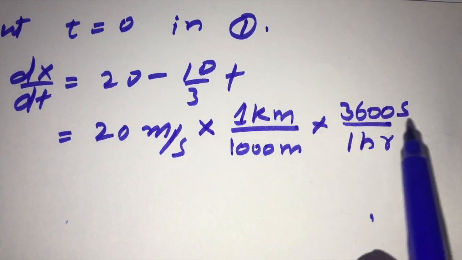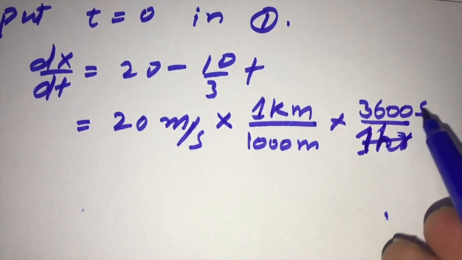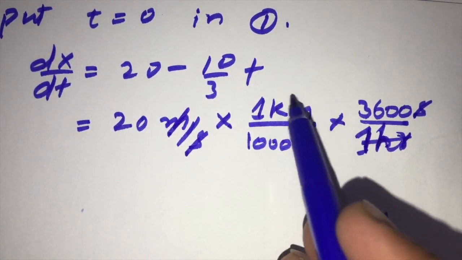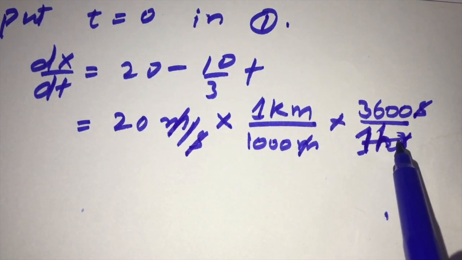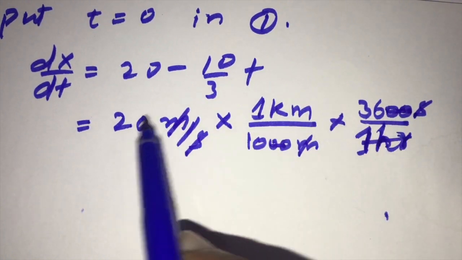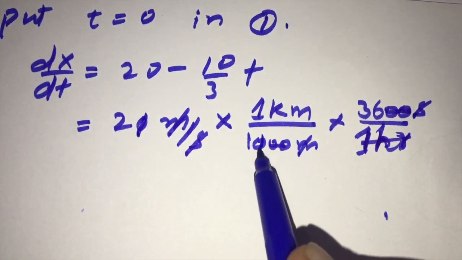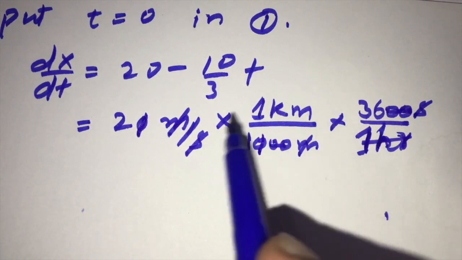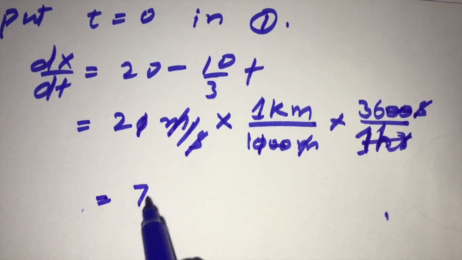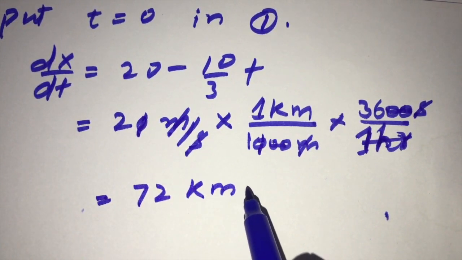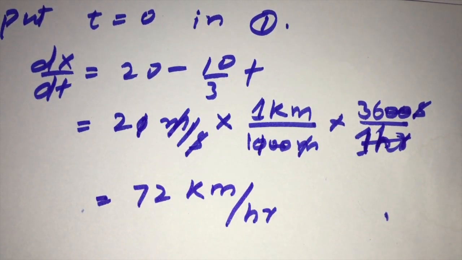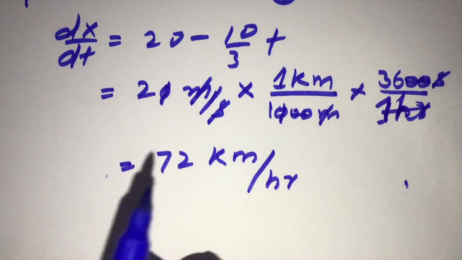The seconds cancel with seconds and the meters with meters, so the answer remains in kilometer per hour. This 0 cuts with this 0, and when we multiply 36 by 2 it is equal to 72 kilometer per hour. So 72 kilometer per hour is our first answer.